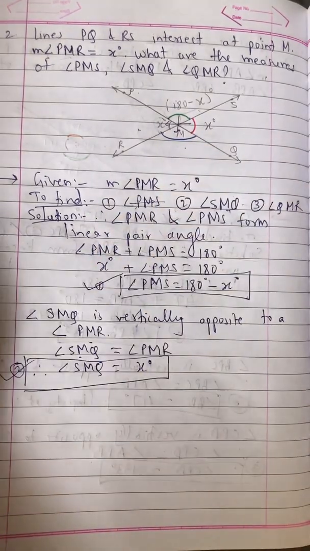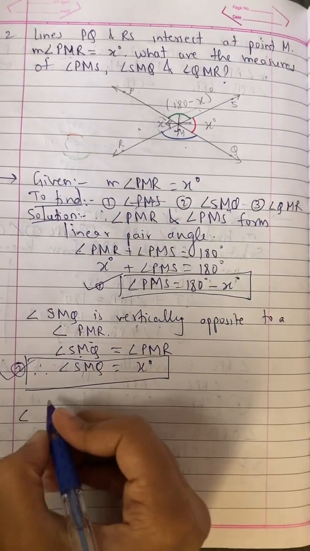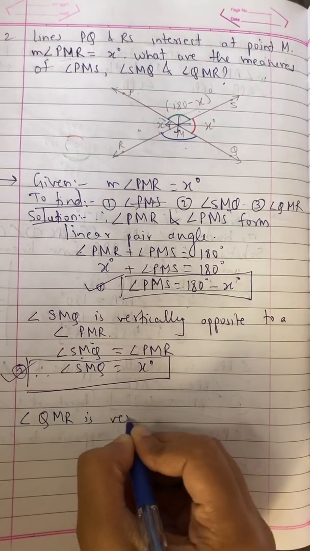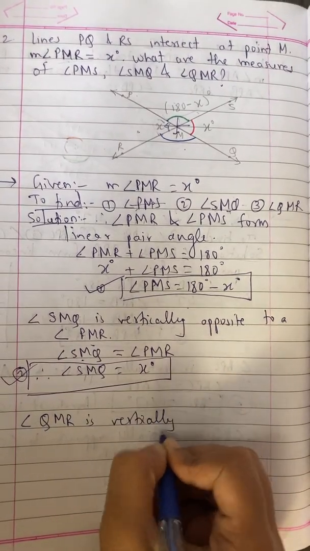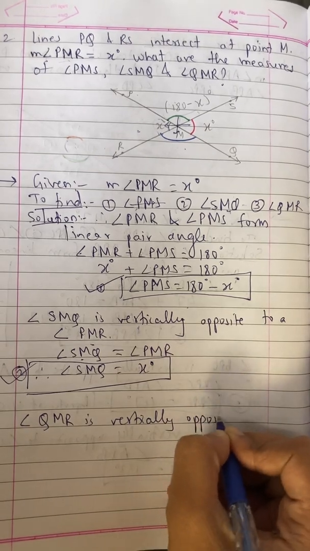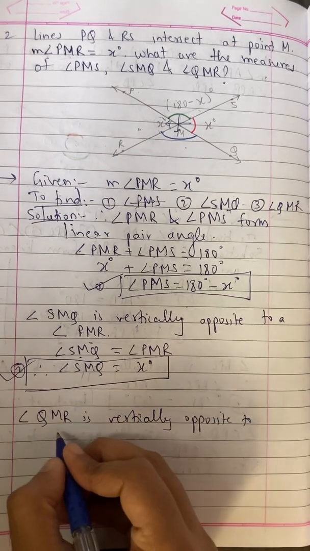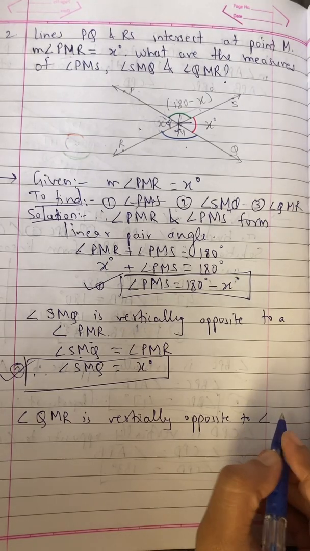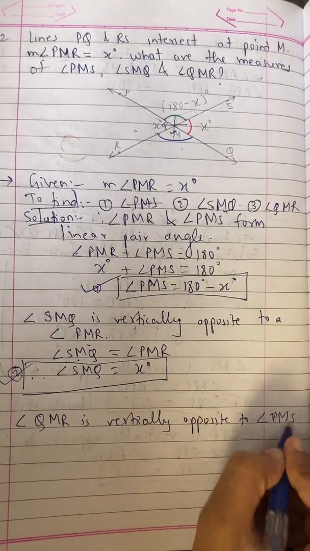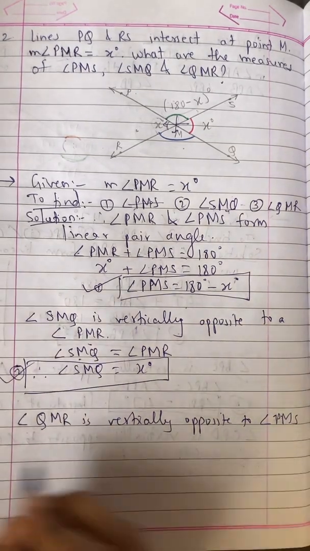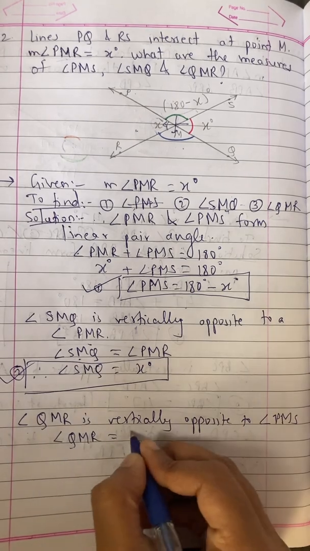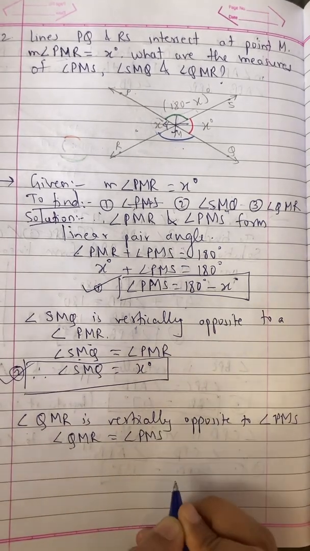Now we want this. So write down that also, angle QMR is vertically opposite to angle PMS. Alright. So when it is vertically opposite, they are going to be equal. QMR equal to angle PMS. Alright.